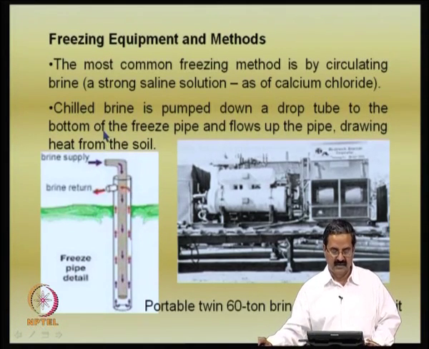A chilled brine is pumped down a drop tube like this, a brine supply, and then you have the liquid here. This area creates that particular freezing. Because of this process it draws the heat from the soil. This is some sort of refrigeration unit.